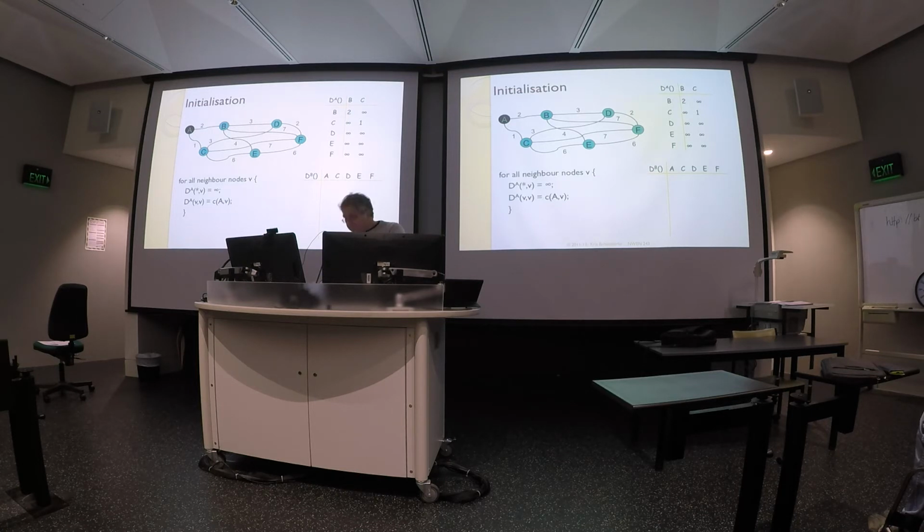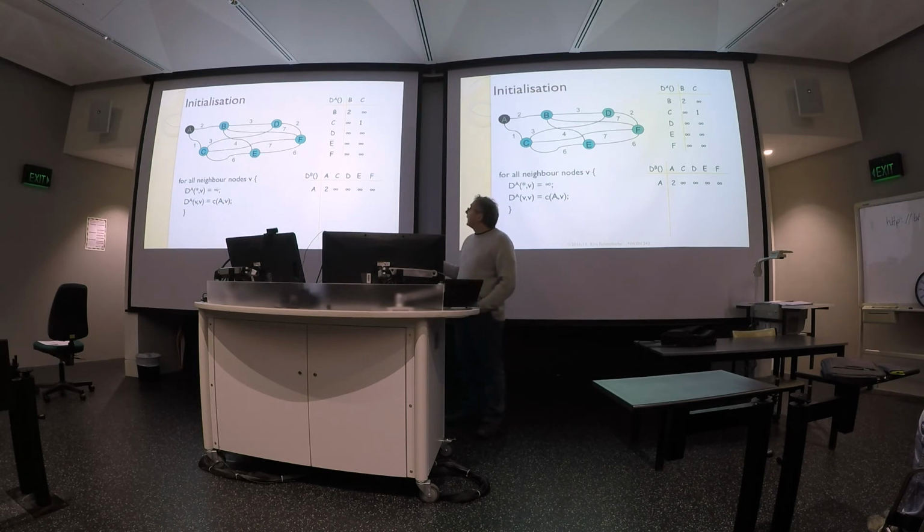All right, so I just want to go through this with you. Let's try and fill the table in for B. How does B get to A? B sees A directly. Yep.